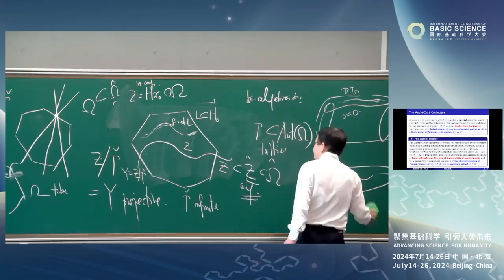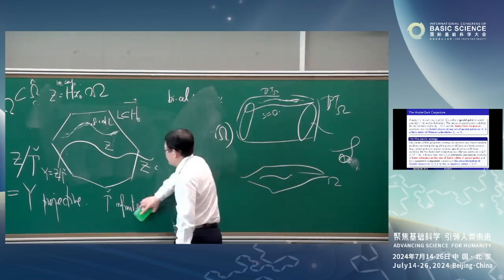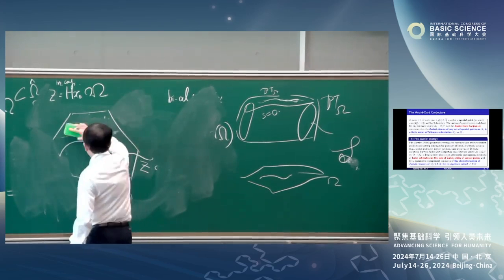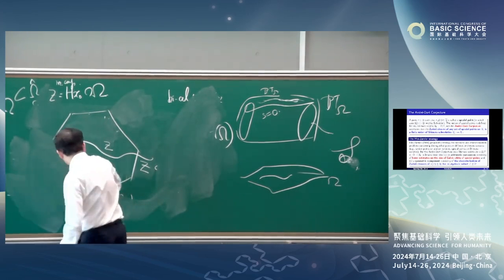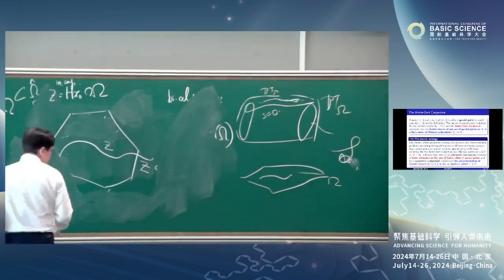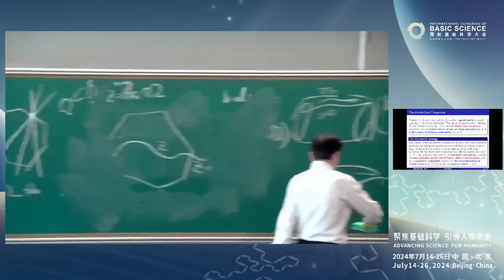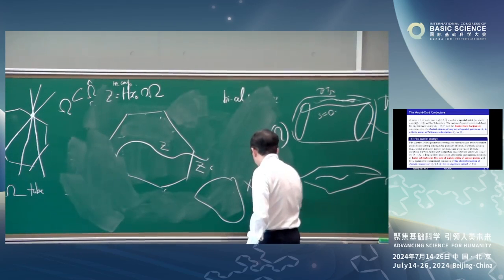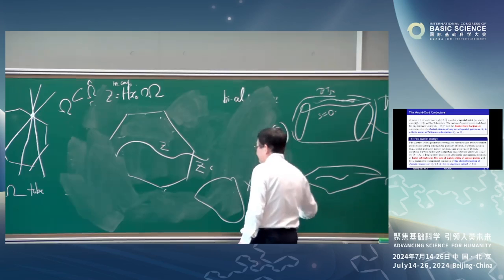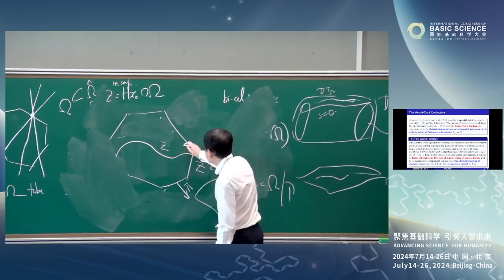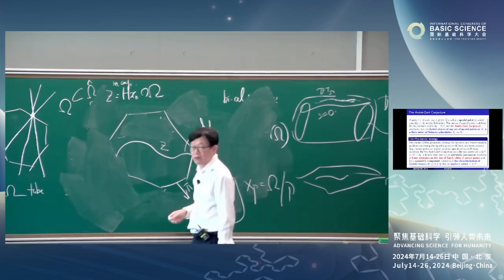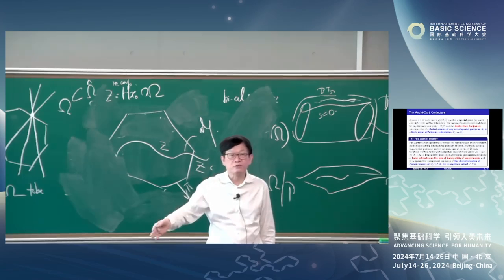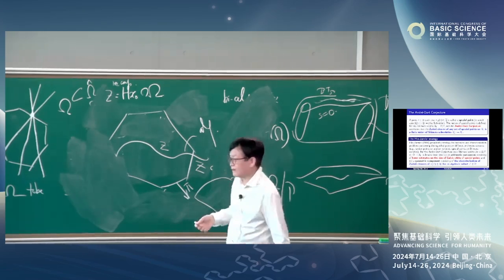You have some algebraic set. So let's now come to a situation where I actually have a lattice. So I have here X_Γ, which is Ω mod Γ, and you have this uniformization map, and this is something algebraic. What I mean by something algebraic is an irreducible component of the intersection of an affine algebraic set with the domain Ω.